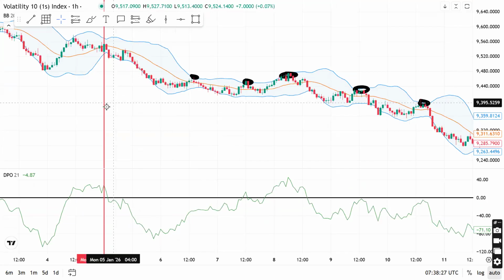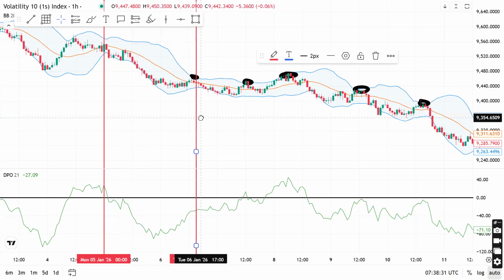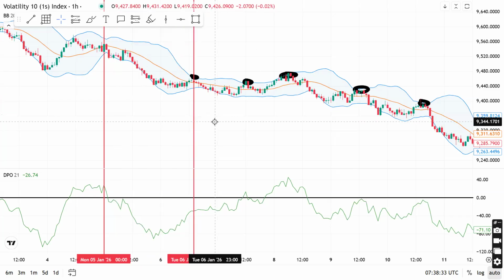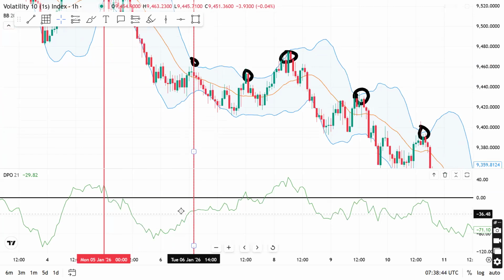For example, look at this over here. This is our first sell. Are you seeing? Price, or price below the zero. Remember, both time frame alignments must align.